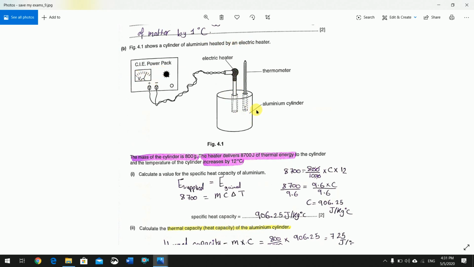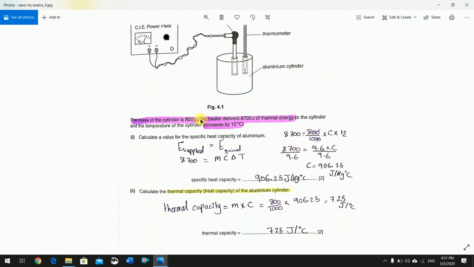Here we have the voltage and the thermometer and, of course, the aluminum cylinder. Now, the mass is 800 grams. The energy delivered by the heater is 8,700 joules, and the temperature increased by 12. So this is the temperature change. We don't have an initial and a final temperature, we only have the change.